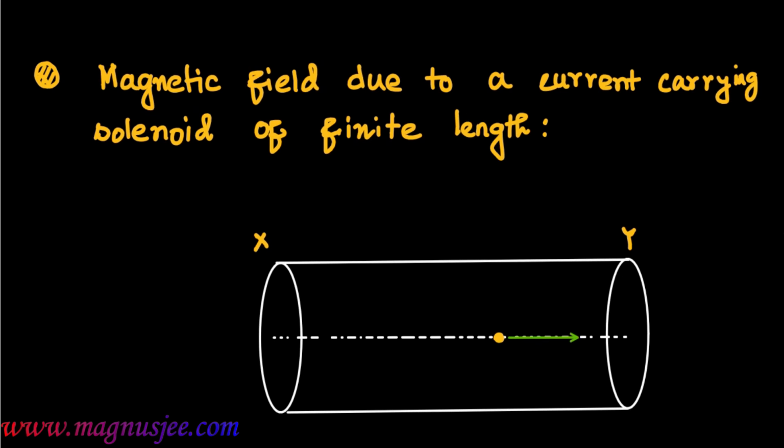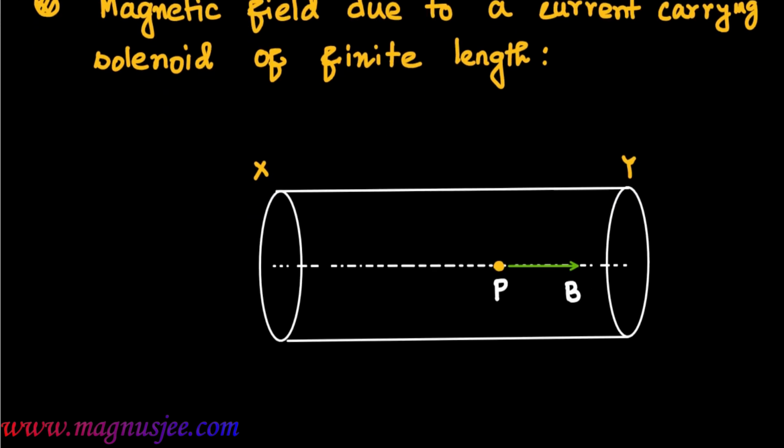We consider a point P. At P, magnetic field B acts towards right, from south pole to north pole. Now we can connect X and P, the oblique distance of the end X from P, and again we can connect P to Y, that is the oblique distance of the end Y from the point P.